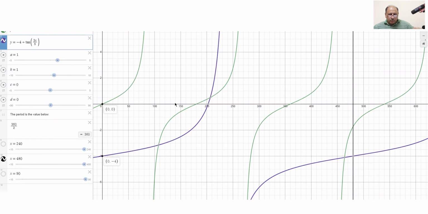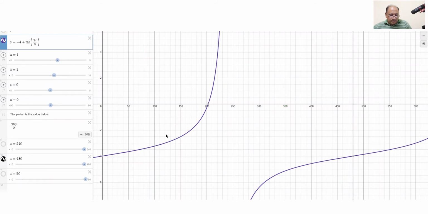And this is the required graph which will be passing through -4. The asymptote will be at 240, and this will be 480. Up to 480 we'll draw this line, and this side we will draw on the graph which we have plotted.